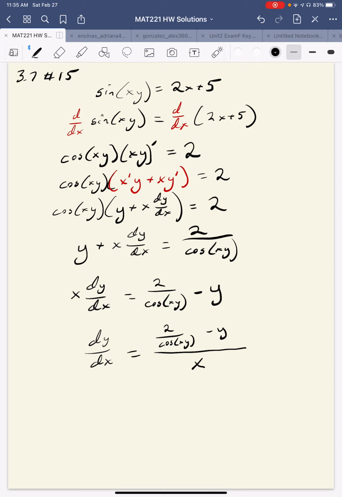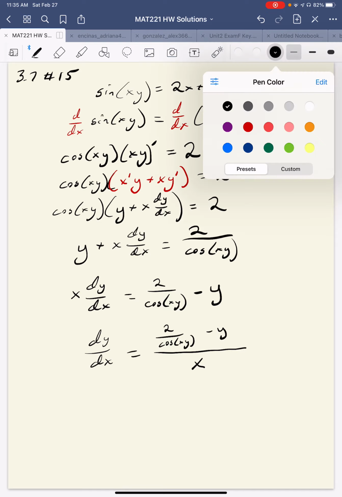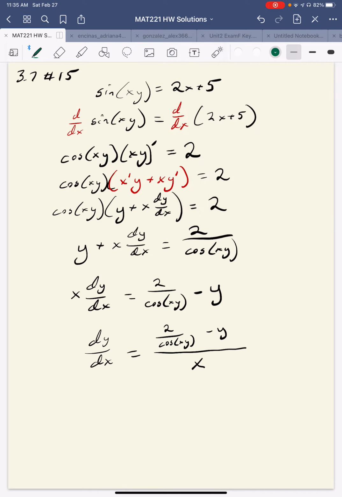I could combine these two terms in the numerator if I multiply this y by cosine xy over cosine xy, then I can subtract the one term from the other.